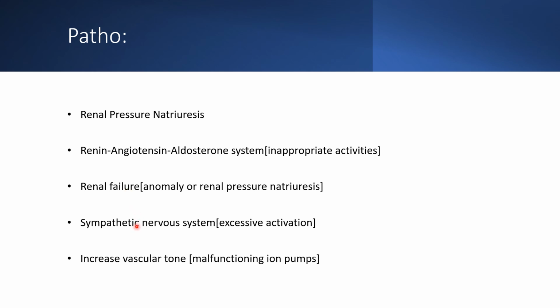And then for the sympathetic nervous system, we use some centrally acting agents. We use some beta adrenergic, alpha adrenergic blockers. You could see the reason why we use all these medications. So we are not just grabbing them for fun. Then increased vascular tone is the case when there are malfunctioning ion pumps. The ion pumps are about the pumping of sodium, potassium, calcium, the ions generally. You can now see why calcium channel blockers will be pretty helpful.